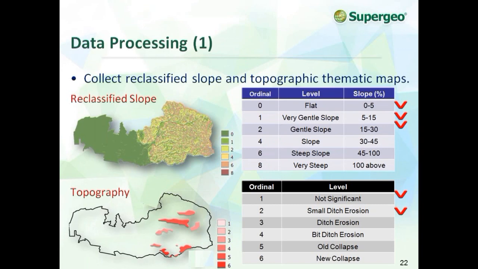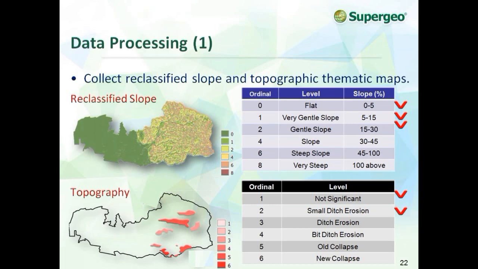In the first part, I try to create the ordinal topography map. So I collect the slope and topography thematic maps, and we use the reclassify tool to process the input of the two data layers. Everybody can see the first table. I set 6 categories, and the ordinal numbers represent different meanings. The values range from flat to steep, and we prefer very gentle or gentle slope types for our new facility because we are trying to pick a suitable place.